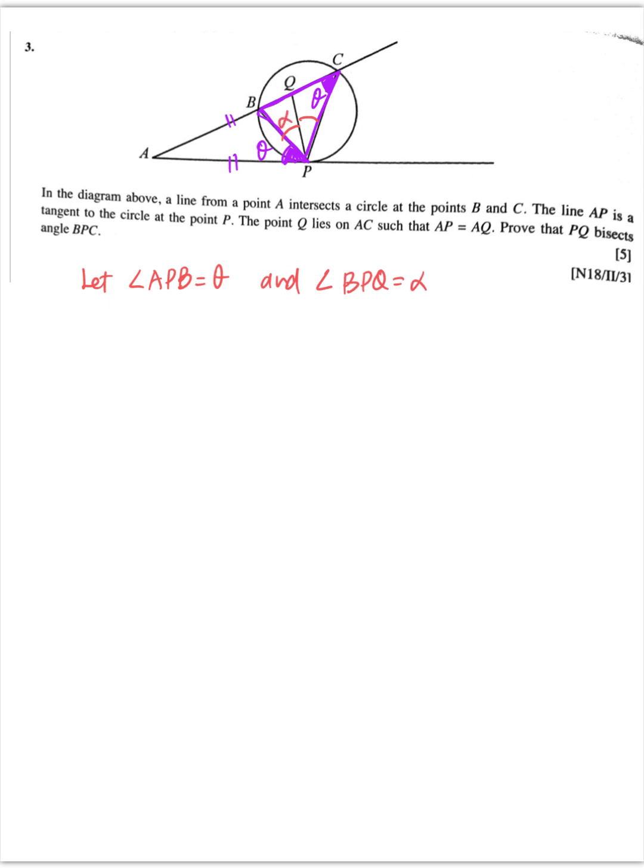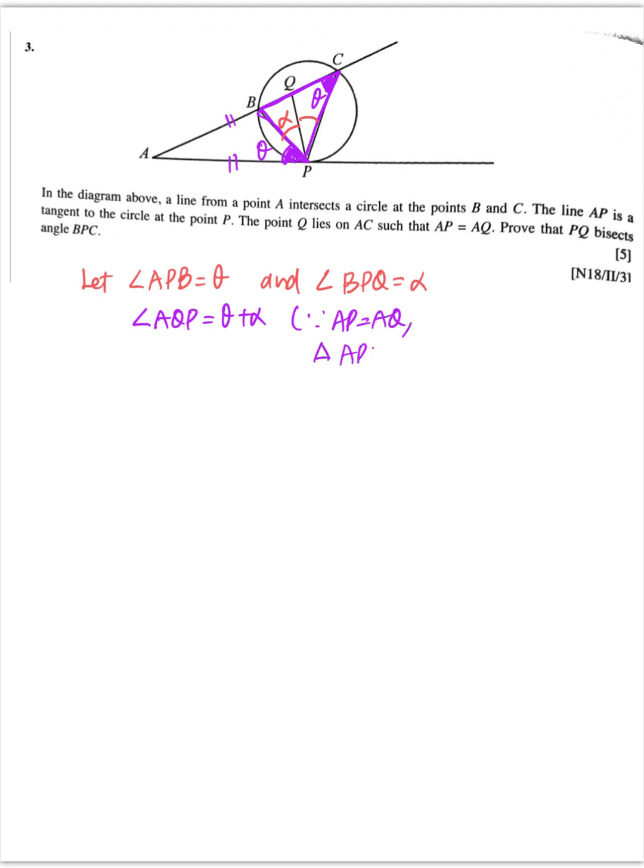So I let this be alpha. Okay, so immediately I will know that angle AQP is also equal to theta plus alpha. Since AP is equal to AQ, right?